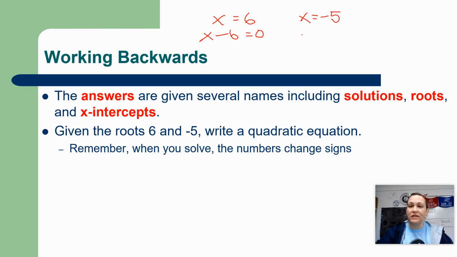And if x equals -5, that means that my original factor was x plus 5, because then I would have subtracted 5 from the other side. And so what we're going to do is take our answers, our solutions, our roots, and change the sign and throw them into some parentheses. Okay, so here I have my x minus 6 and my x plus 5. Those were the two parentheses that gave me the answers of 6 and -5.